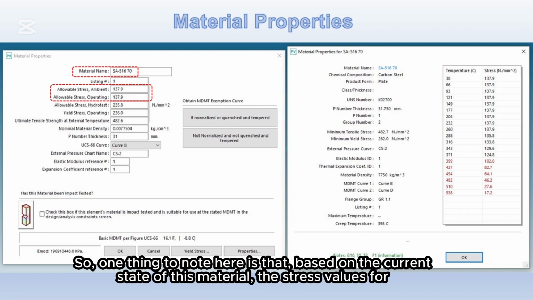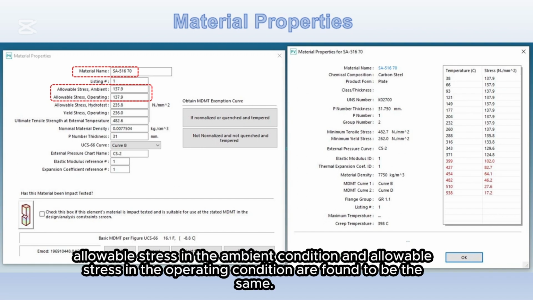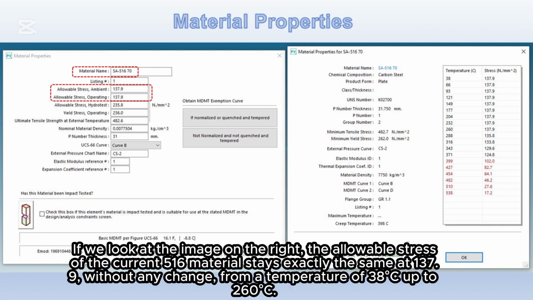So, one thing to note here is that, based on the current state of this material, the allowable stress in the ambient condition and the allowable stress in the operating condition are found to be the same. If we look at the image on the right, the allowable stress of the current 516 material stays exactly the same at 137.9, without any change, from a temperature of 38 degrees Celsius up to 260 degrees Celsius.